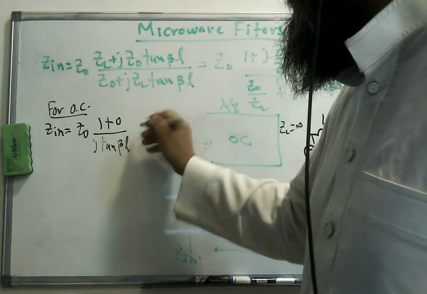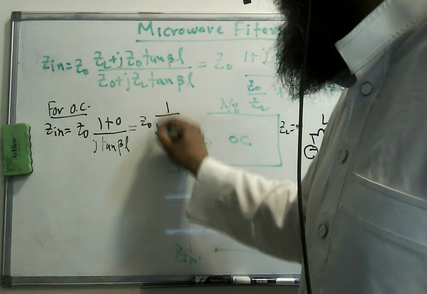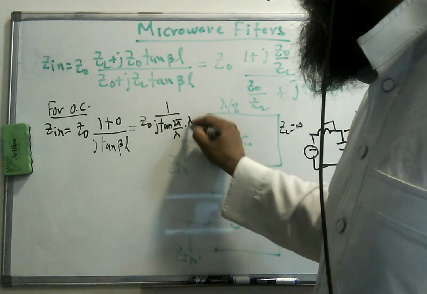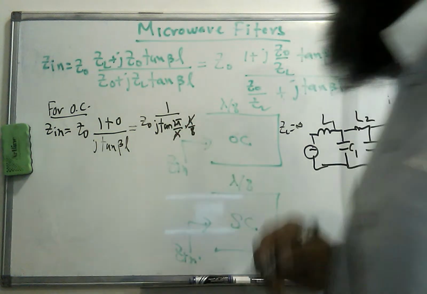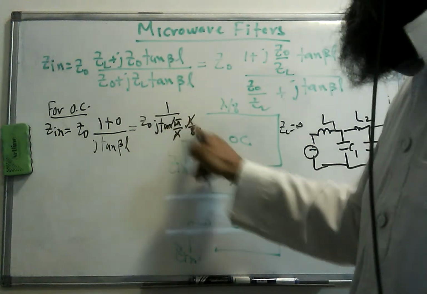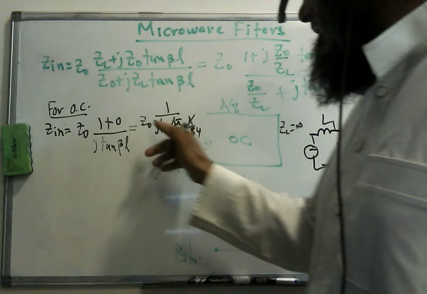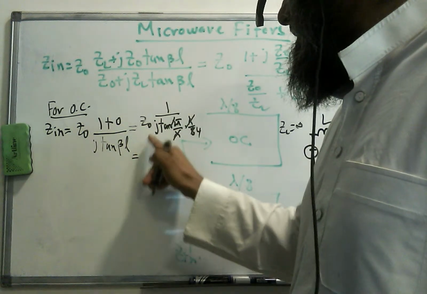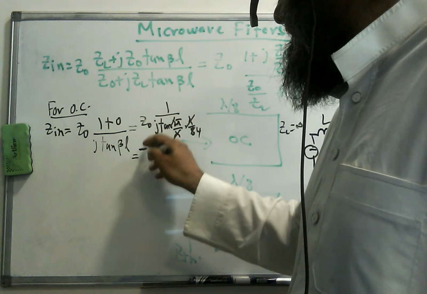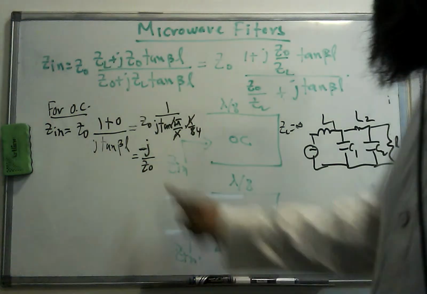So I have Z naught times 1 divided by j tangent of 2 pi by lambda multiplied by lambda over 8, which goes to tangent of pi by 4. Tangent of pi by 4 is 1 because it is 45 degrees. So I can see that this is equal to minus j over Z naught. So it means that this is the reactance.